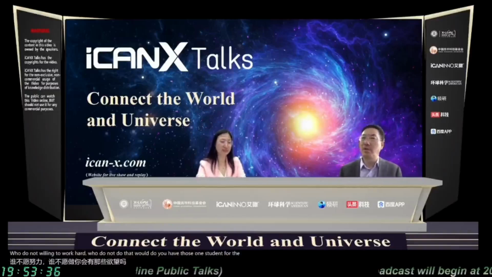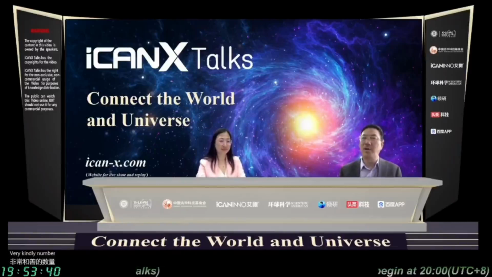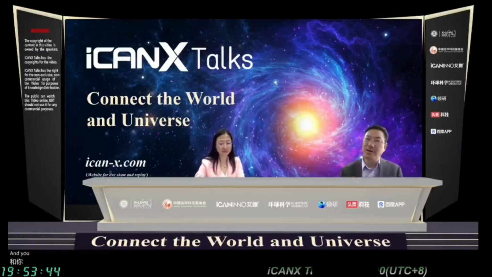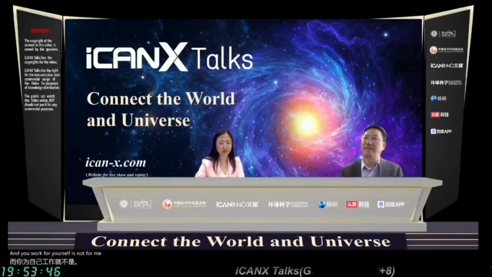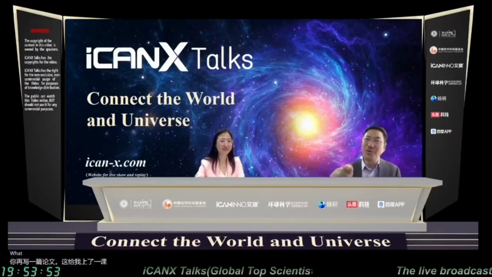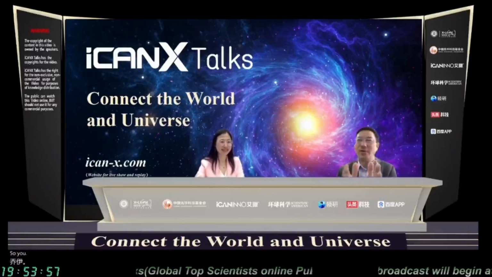So I always talk to them very kindly. Number one, tell them how important what they do now is. You work for yourself, not for me. You write one more paper or one less paper, it doesn't matter to me. But for you, it's critically important. So you work for you, not for me.